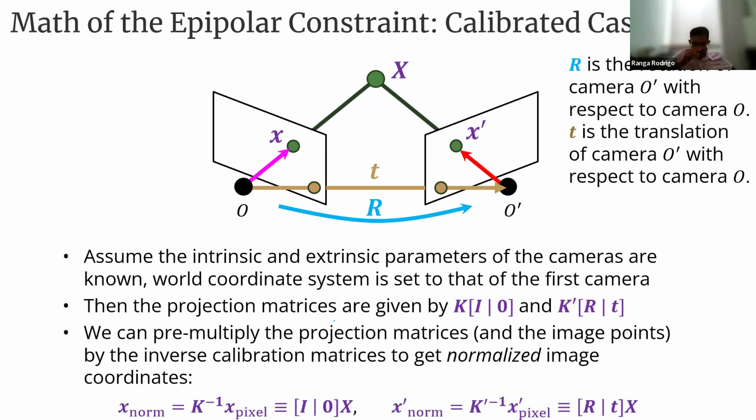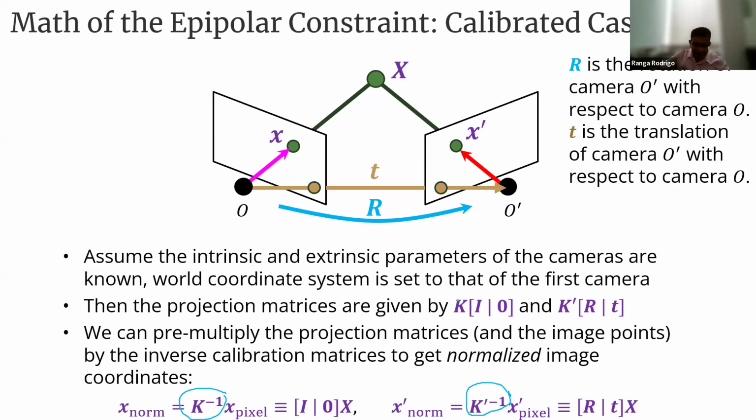We can pre-multiply the projection matrices and the image points by inverse camera calibration matrices to get normalized image coordinates, because we have to get rid of the camera calibration matrix. In this context, we are assuming that K and K prime are available to us.